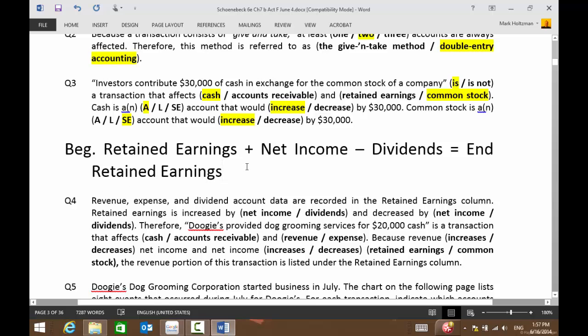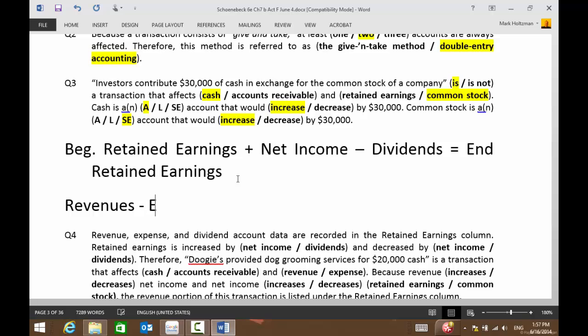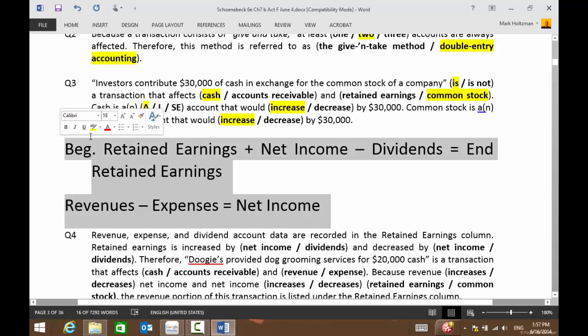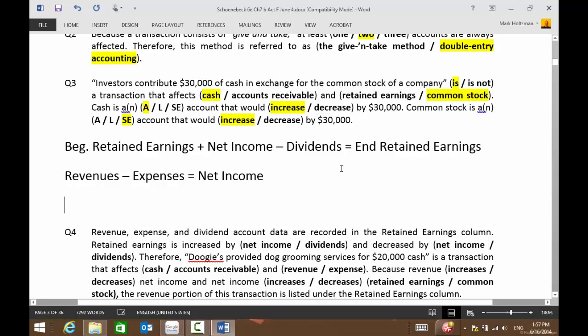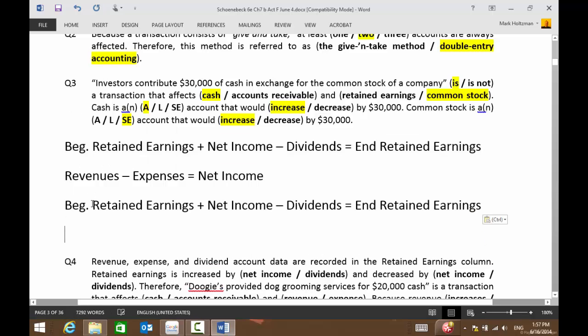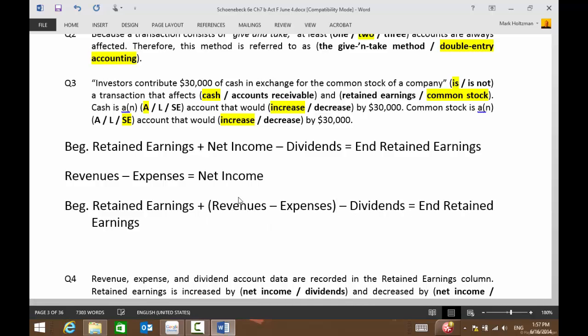But where does net income come from? We said that revenues minus expenses equals net income. So this is where net income comes from. And if you want, you could do a little algebra if it doesn't scare you too much. You could do a little algebra and substitution. You could just substitute revenues and expenses instead of net income. So you could say that revenue increases retained earnings and expenses decrease retained earnings.